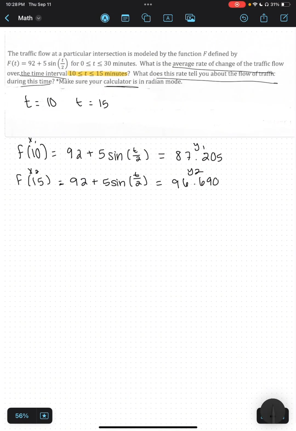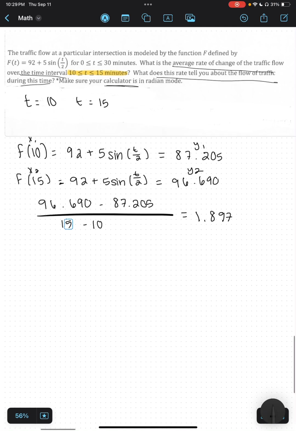Okay, so now we need to find the average rate of change. So we have to do 96.690 minus 87.205 over 15 minus 10, which is equal to 1.897.